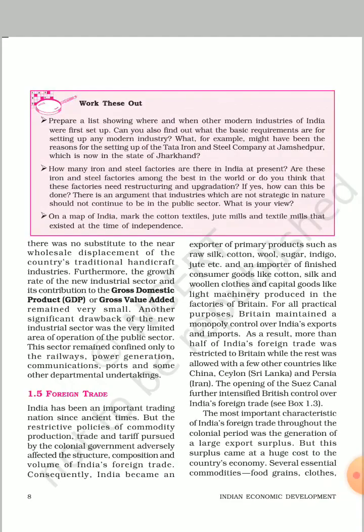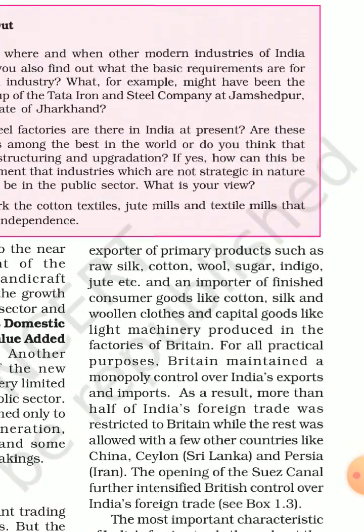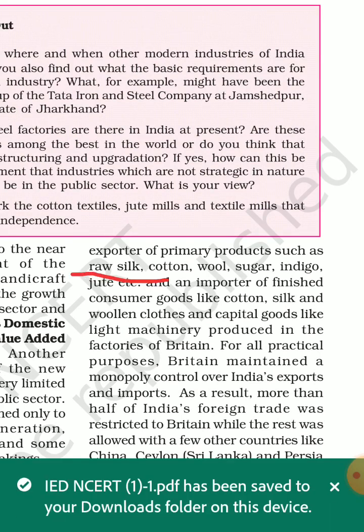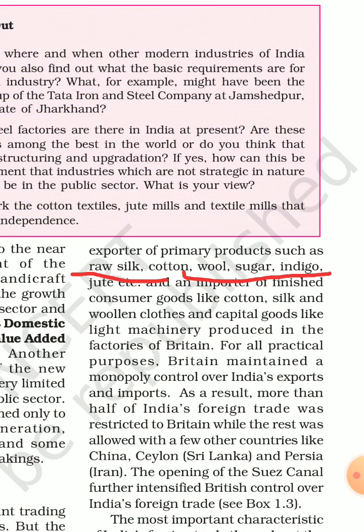Consequently, India became an exporter of primary products such as raw silk, cotton, wool, sugar, indigo, jute, etc., and an importer of finished consumer goods like cotton, silk, and woolen clothes. Now, as we have studied earlier, the twofold motive of the British government was first to change the status of India from exporter of finished goods to exporter of raw materials.